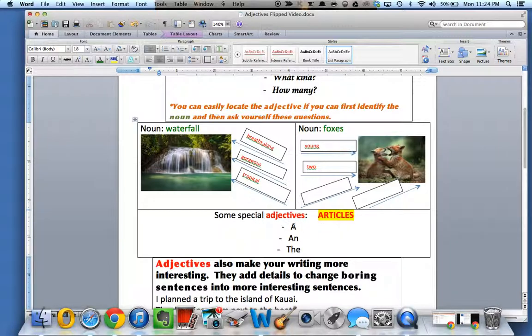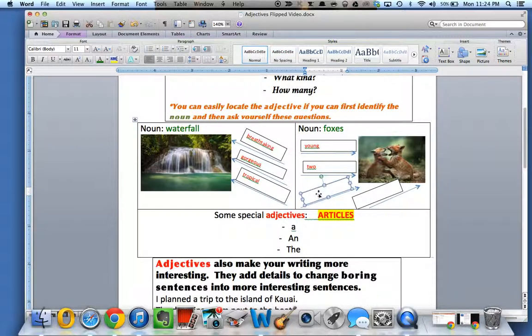The word a, we don't have to capitalize it unless it's at the beginning of a sentence, but the word a is an adjective, also known as an article, and a usually stands for singular, but it also can stand for plural. So here we would not want to say a fox because there's more than one, which a is showing you. You could say a pair of foxes, so a pair of foxes would work.